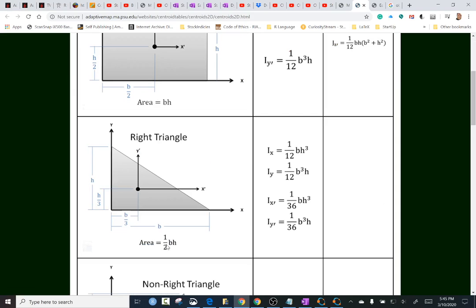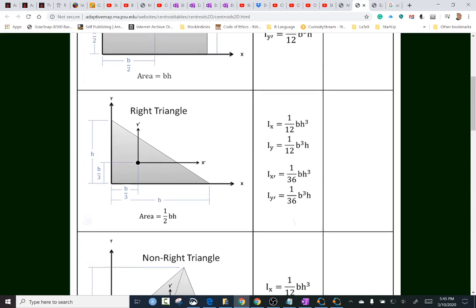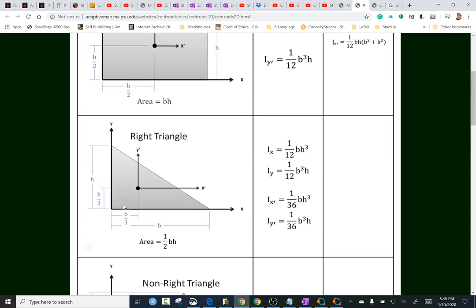The area, there's a right triangle. There's a non-right triangle, but we're looking at a right triangle. What you'll find is the point in the center is the centroid. So if this was an equivalent load, then that would be the centroid of it. 1/3, or B to the third from the heavy end, H to the third from this end.